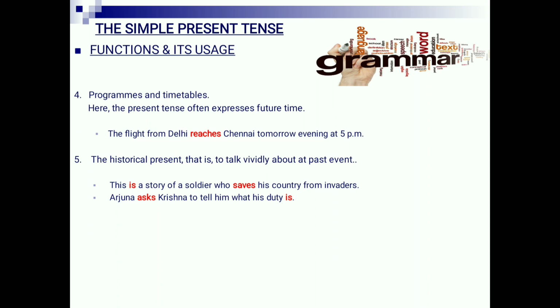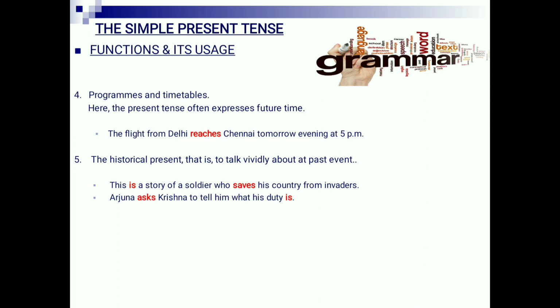See, this is a story of a soldier who saves his country from invaders. Now the person is telling about the story, he is explaining the theme of the story, that time he is using simple present tense. Next sentence is Arjuna asks Krishna to tell him what his duty is.